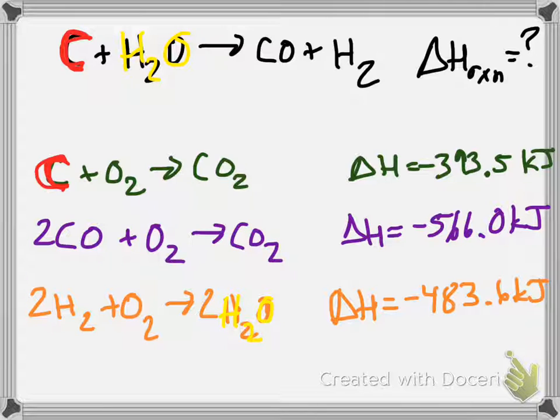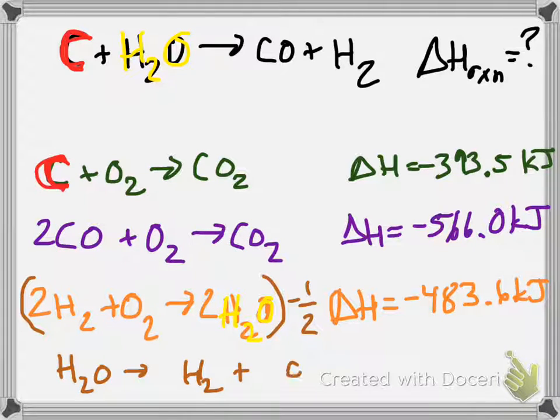So how do we change this orange reaction to match our black reaction? We would take our orange reaction and multiply it by a negative 1/2. So by multiplying it by a negative, that means we flip the products and reactants. So we would have H2O becoming H2 and O2.